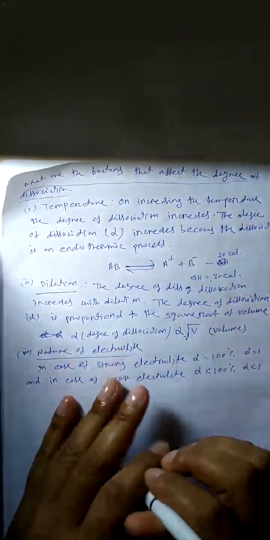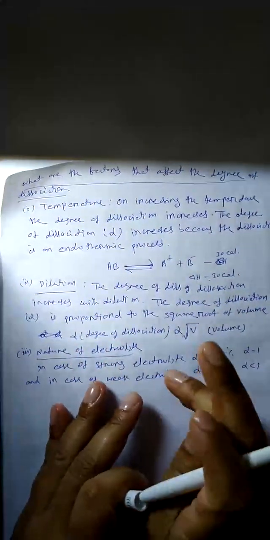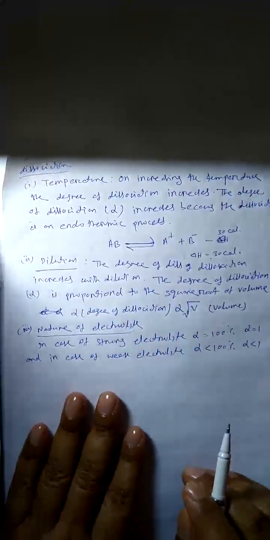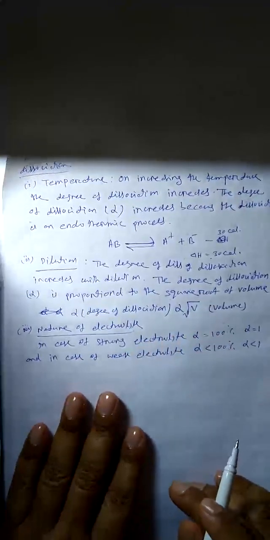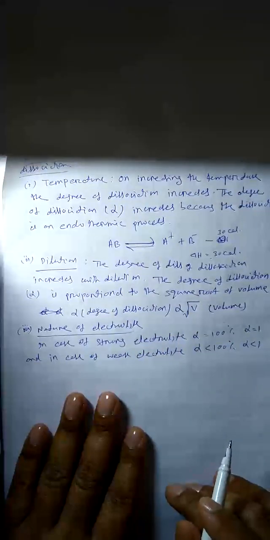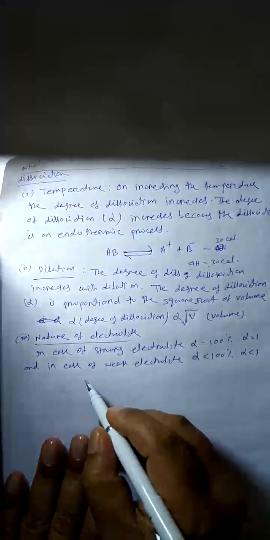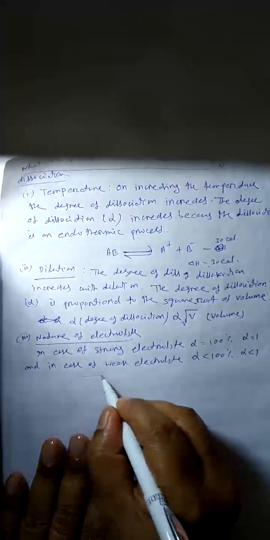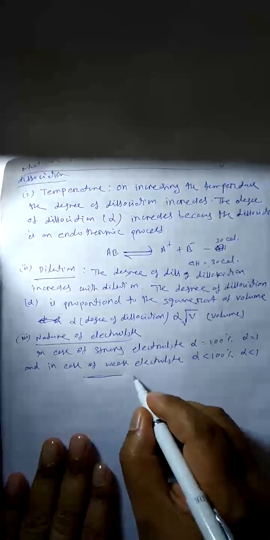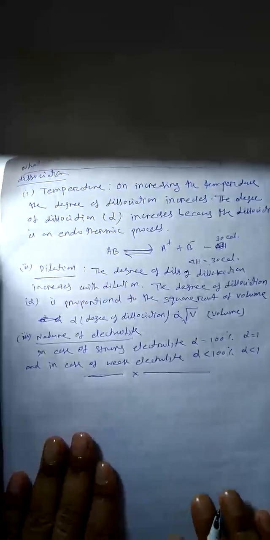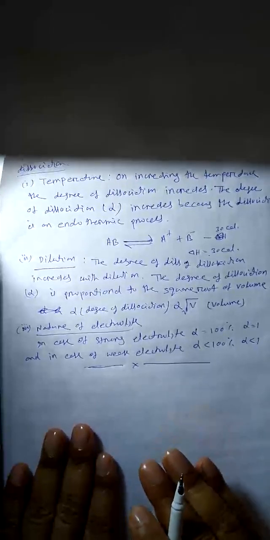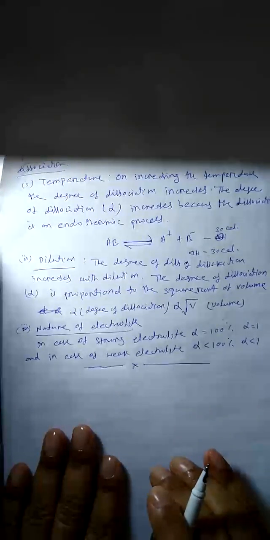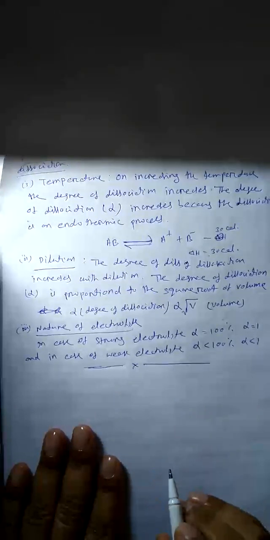Today is the ninth video. In the last video, we derived the reversible isothermal expansion of an ideal gas, and we derived the work done and also the internal energy.